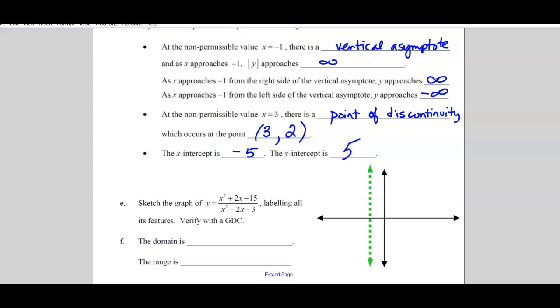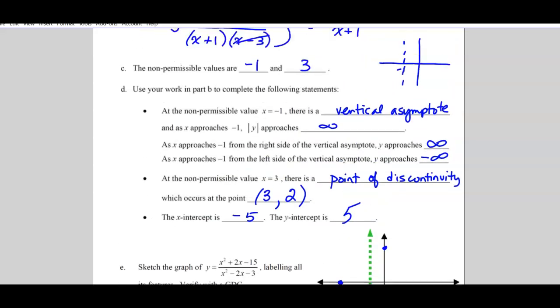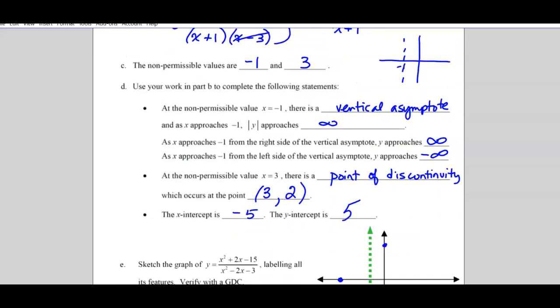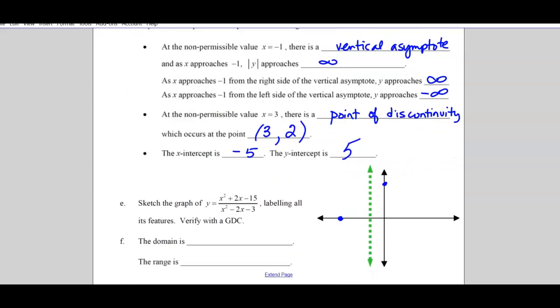We know x-intercept at negative 5, y-intercept at positive 5. The horizontal asymptote was the first one, at y equals 1. Now, you might think, okay, what do I do now? Is it going to be the 2 arms?